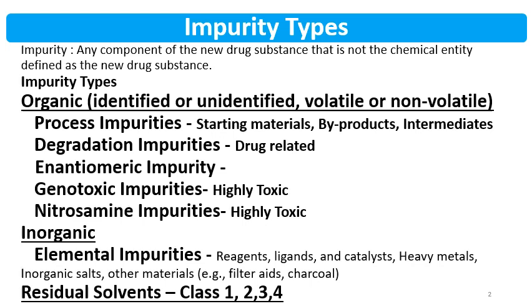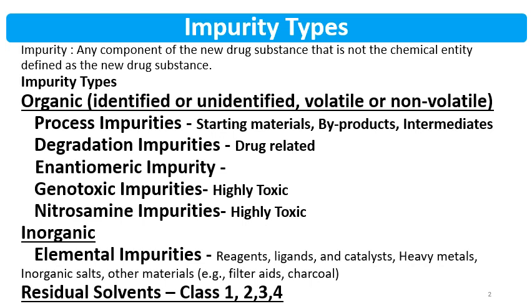Then coming to inorganic impurities, mainly elemental impurities, which are called inorganic impurities, like reagents, ligands and catalysts, heavy metals, inorganic salts, other materials like filtrates and charcoal. From these the elemental impurities come into the product, and these elemental impurities are not formed in the product.